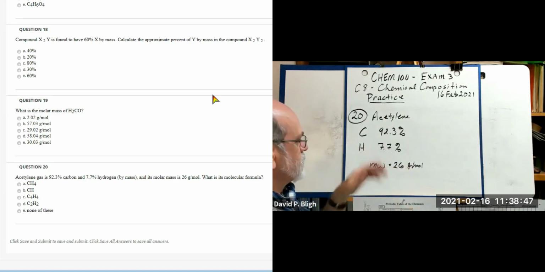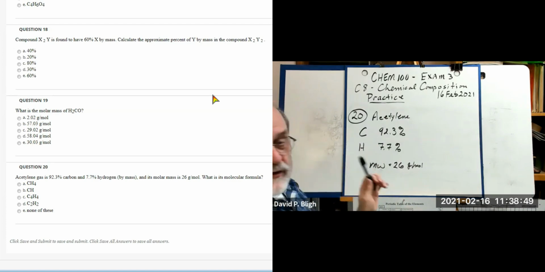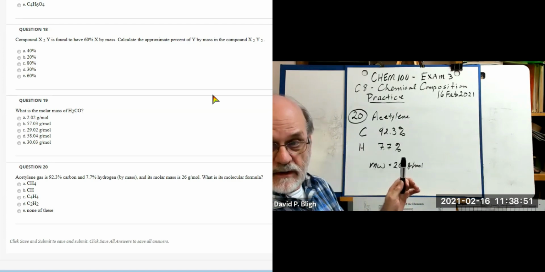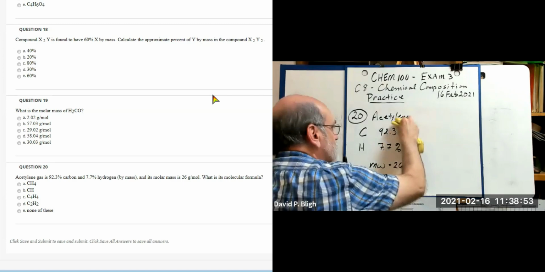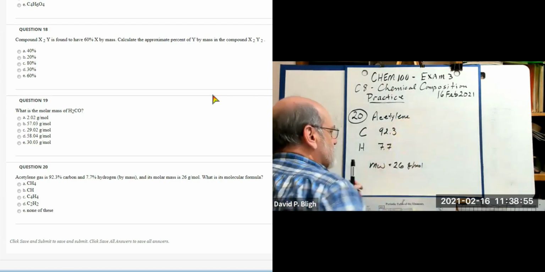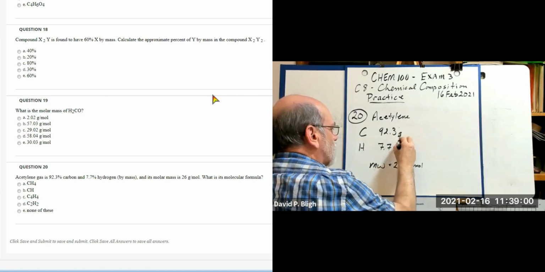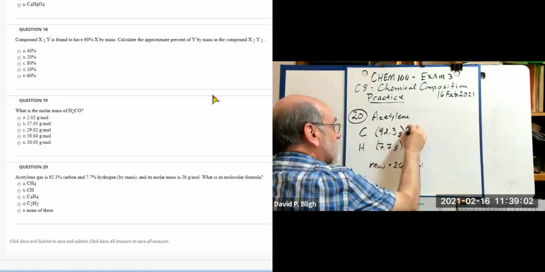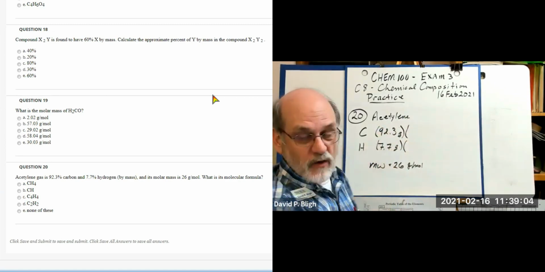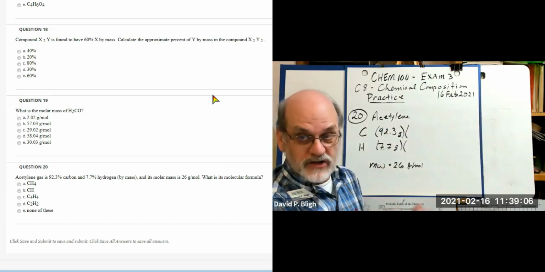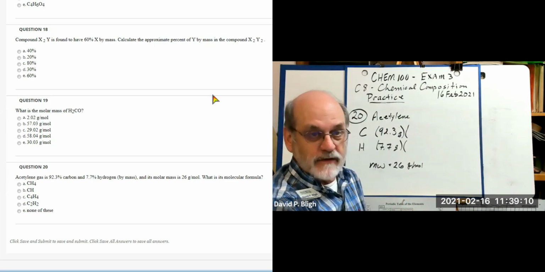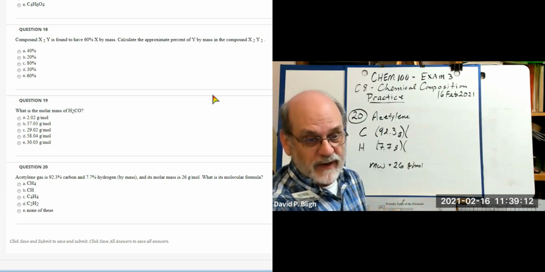Okay, so if we assume that we have 100 grams, then that makes this and this both grams. Now we can convert to moles and find out what the molar ratio of carbon to hydrogen is. Those are the only two elements in this compound.